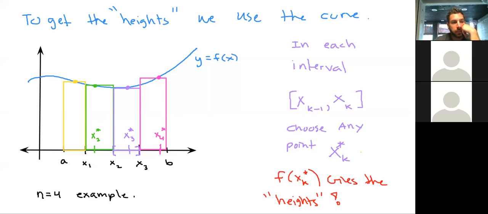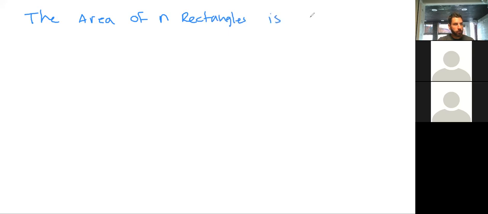Okay, so what happens then? Well, the area of the n rectangles is just the following.